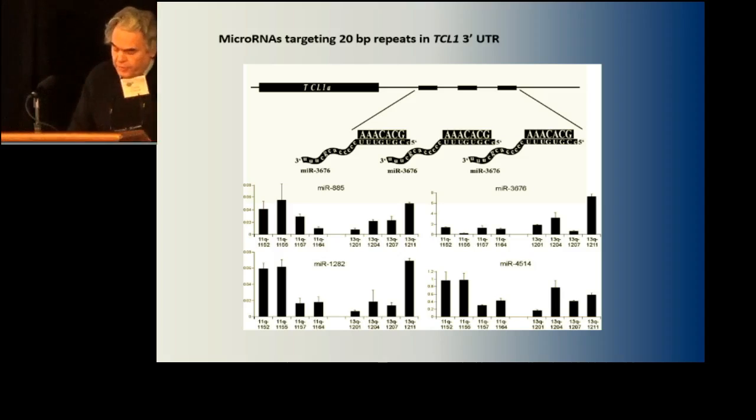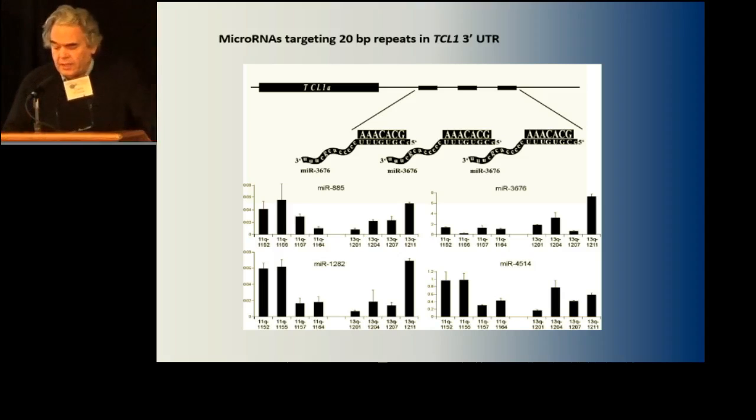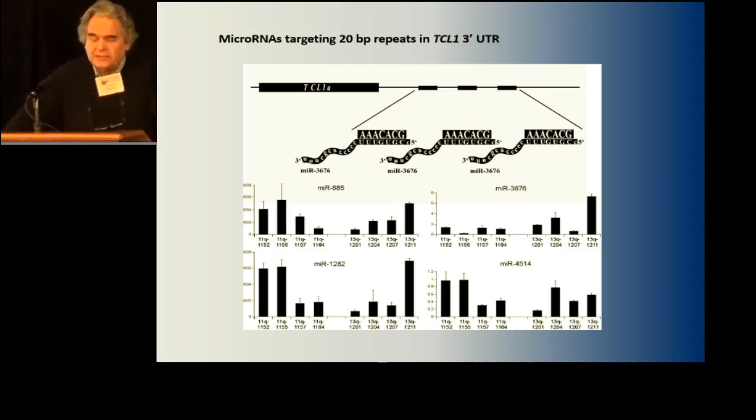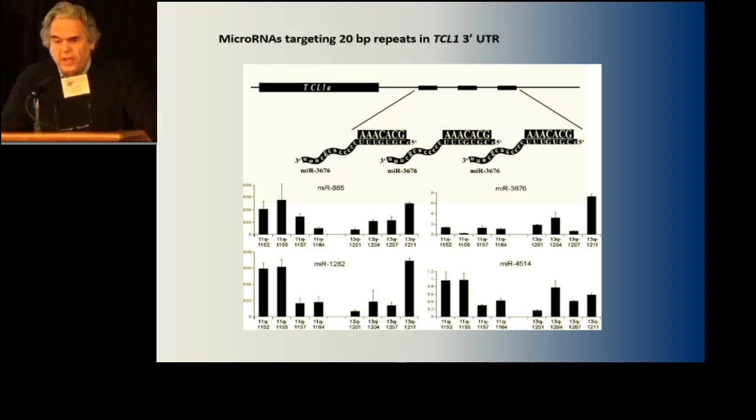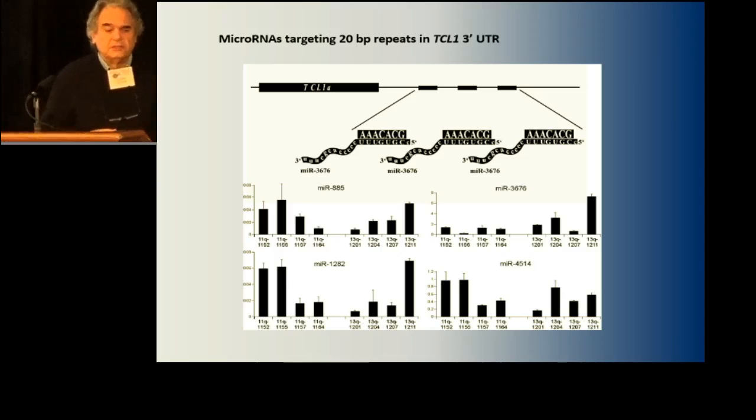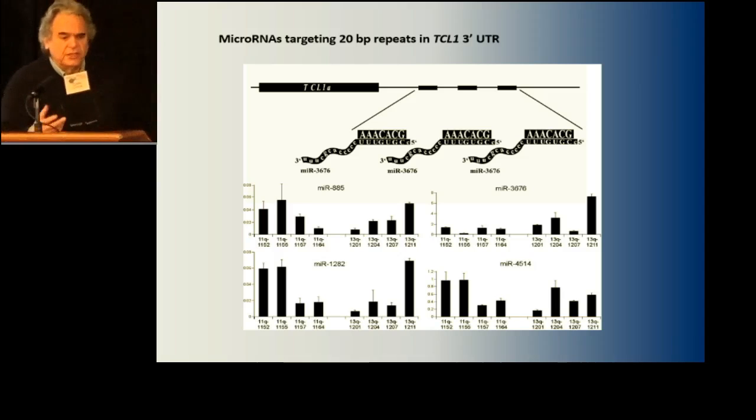So, I will give you the geneticist view of CLL. And the story I'm going to describe to you now started some time ago when we cloned a gene involved in T-cell prolymphocytic leukemia, essentially all of which have translocation or inversion that involve 14q32.